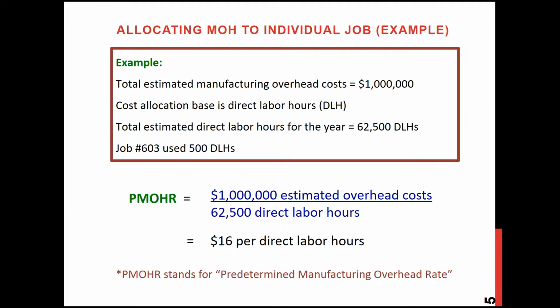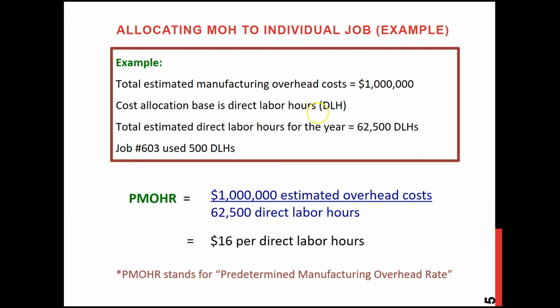Usually, companies consider direct labor hours or direct machine hours or sometimes direct labor costs. And it is really very important to figure out what the cost allocation base is. So whenever you solve any problem, read the problem very carefully and check what their cost allocation base is.